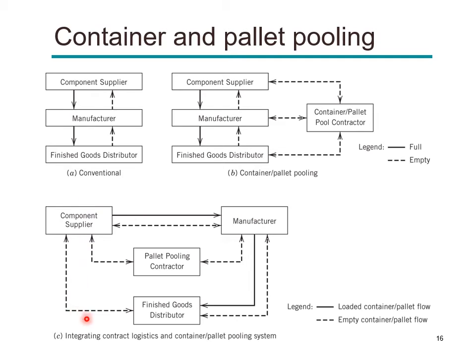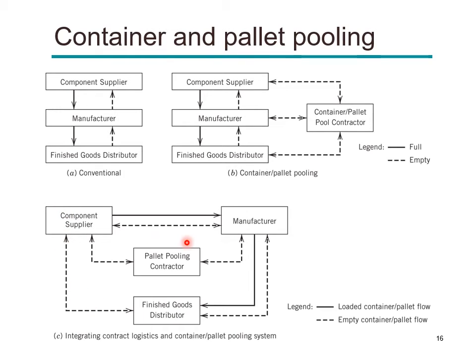But in this integrated system, any party in the supply chain is related with each other. So the finished goods distributor can send directly to the component supplier, or may ask directly from the component supplier.